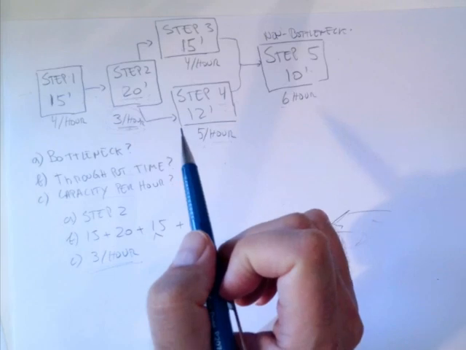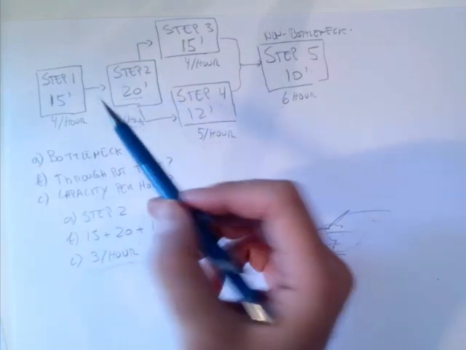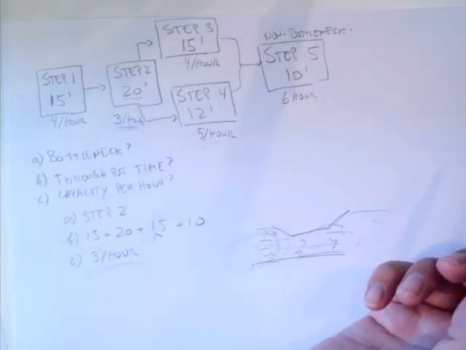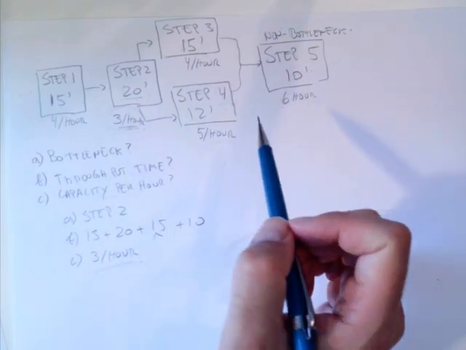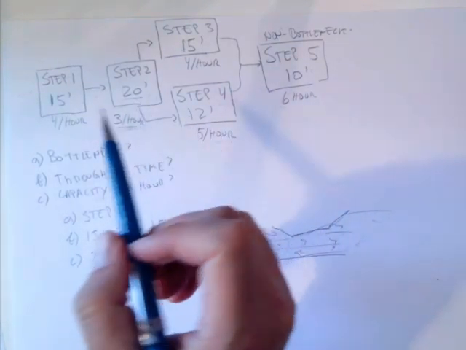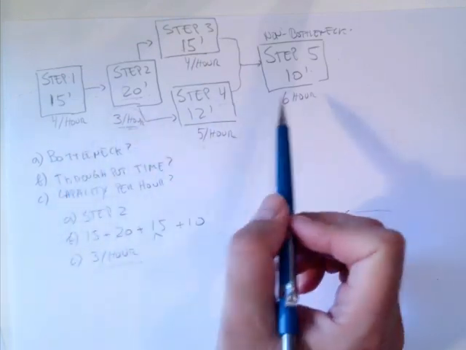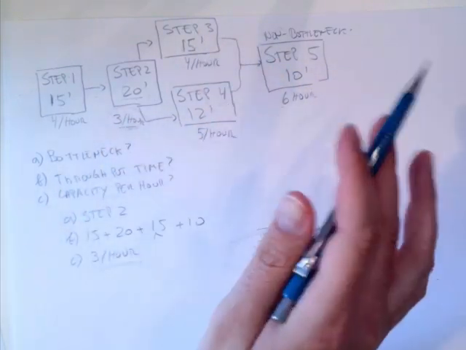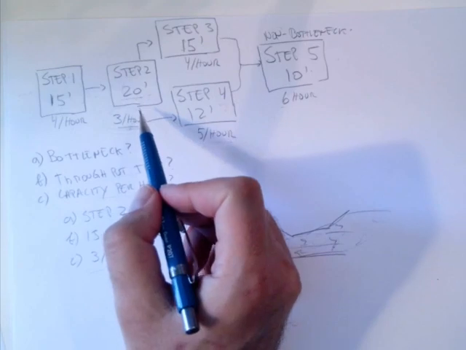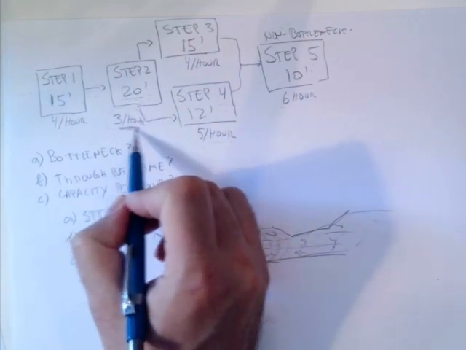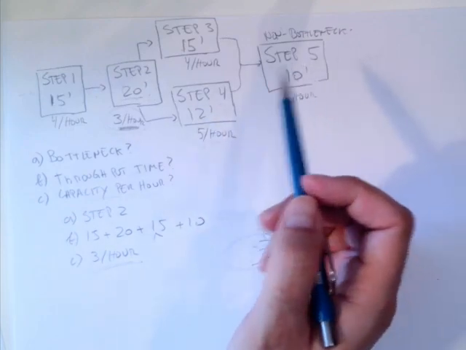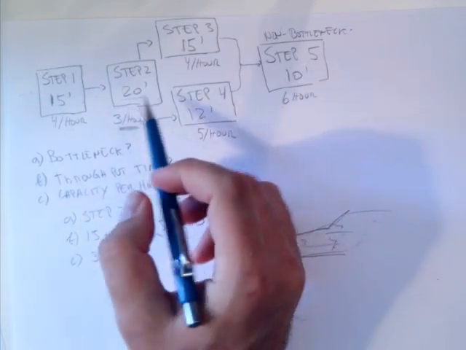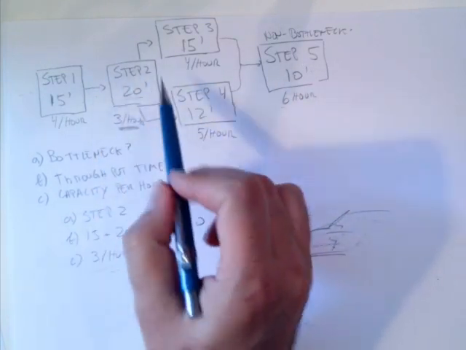Another important concept here is, what can I do to increase productivity, to produce more? It doesn't make any sense to try to invest in a new machine for step 1 or step 5 and 3 and 4. They don't matter now. The only one that matters is step 2. So if I want to increase production volume, produce more per hour, I need to put more resources here in step number 2.